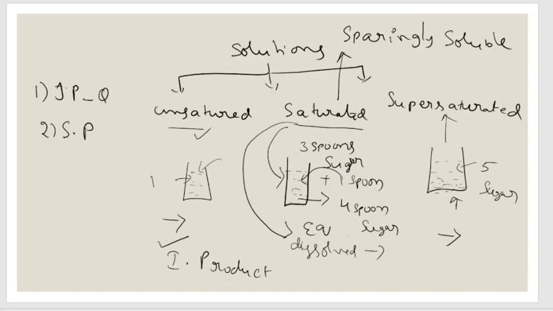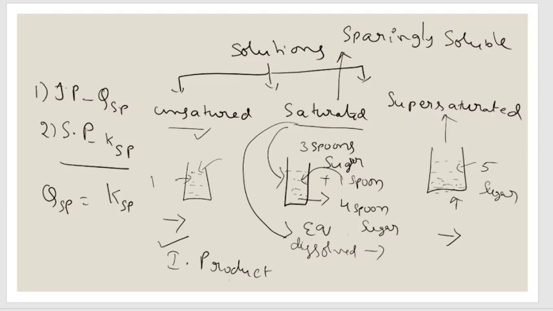Ionic product is represented by Qsp and the solubility product is represented by Ksp. At equilibrium, the ionic product is nothing but the solubility product. What does it mean? When the system is at equilibrium, then Qsp becomes equal to Ksp.